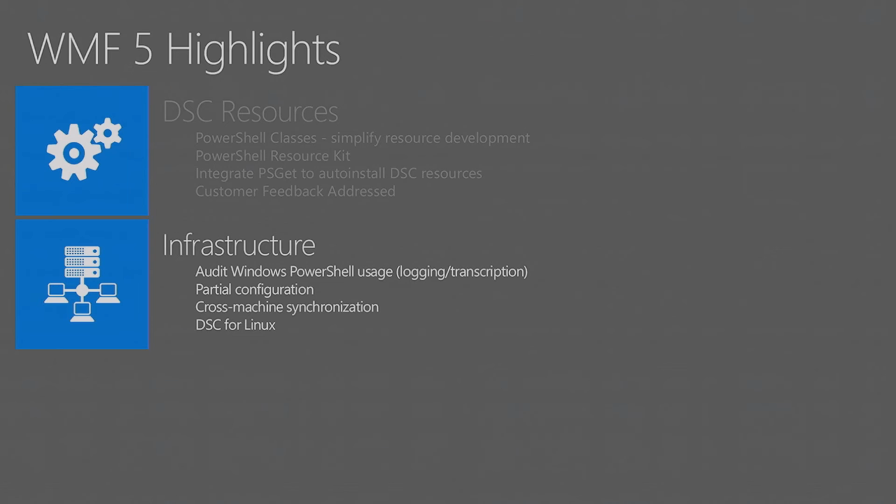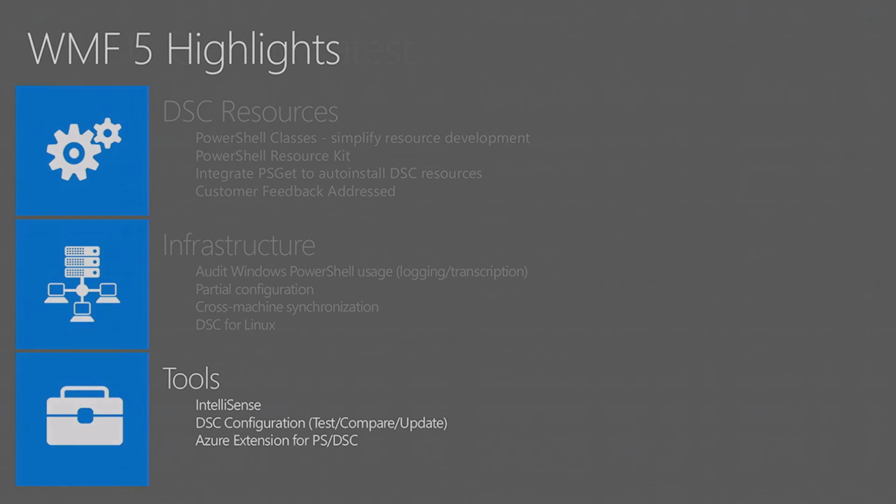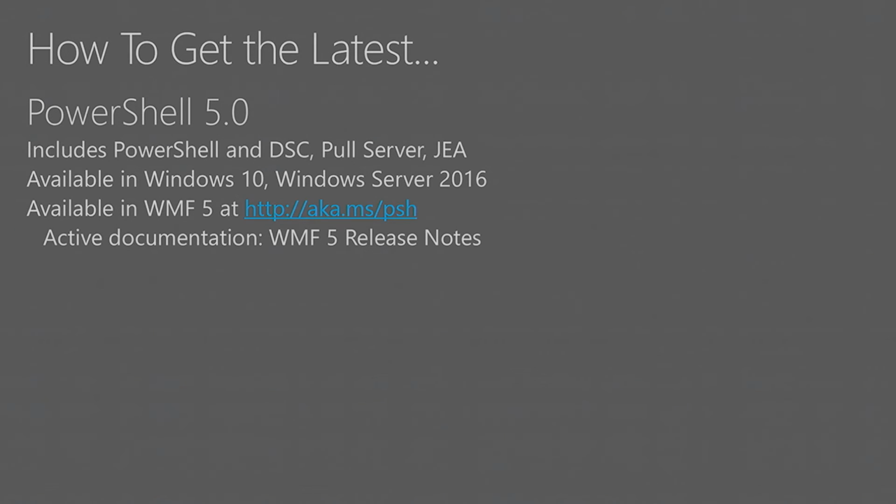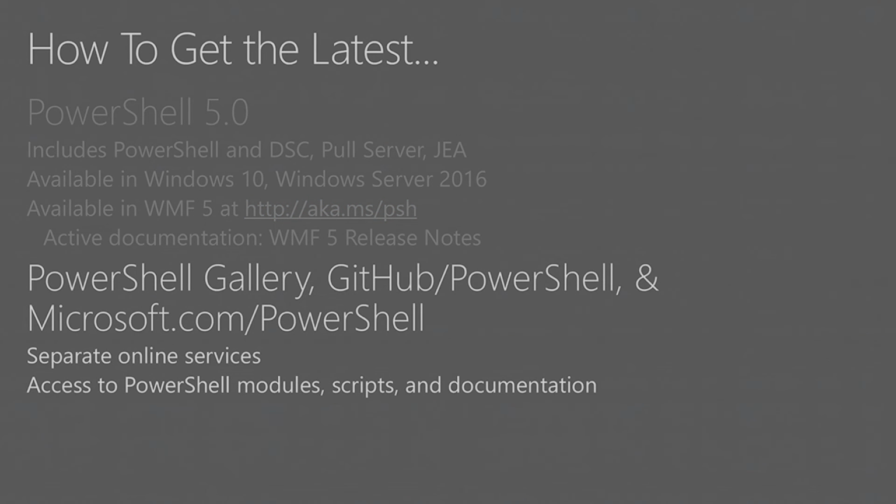There are a bunch of improvements available down level all the way down to 2008 R2 and Windows 7, and the latest is available. Like I said, it's down level. And then there are various resources available for PowerShell as well: the PowerShell Gallery, GitHub PowerShell, and Microsoft.com/PowerShell, which gives you links off to all the other resources, scripts, and modules you can download.